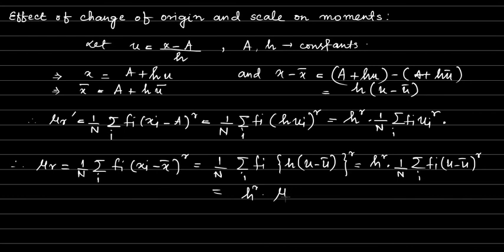So this is mu r of u. Thus the rth moment of the variable x about mean is h to the power r times the rth moment of the variable u about mean.